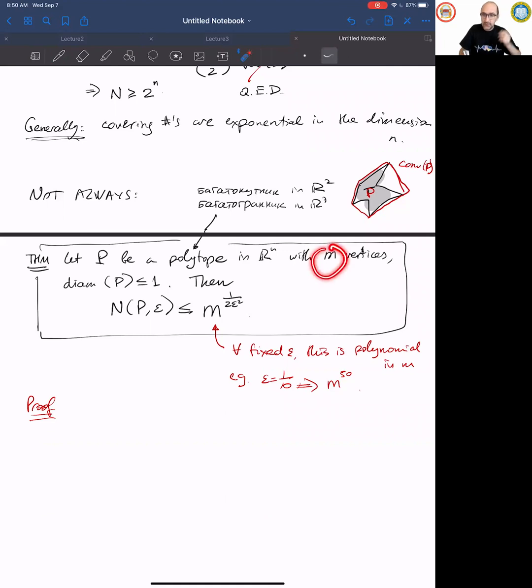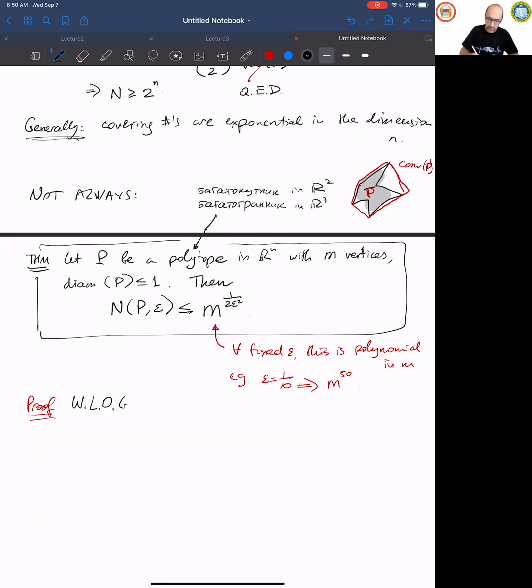The number of vertices will be smaller, it can only be smaller. The diameter is the same, I guess. Diameter is the largest distance between any two points. So by taking the convex hull, you can only improve the polytope. And so by this pre-processing, I can always assume that the polytope is convex.